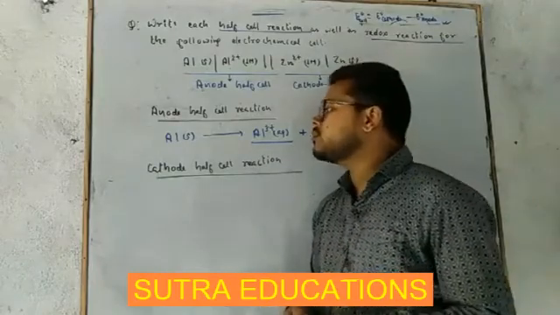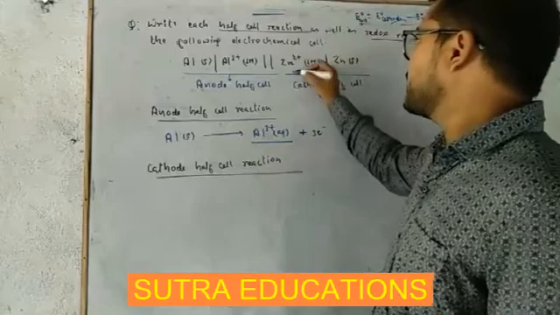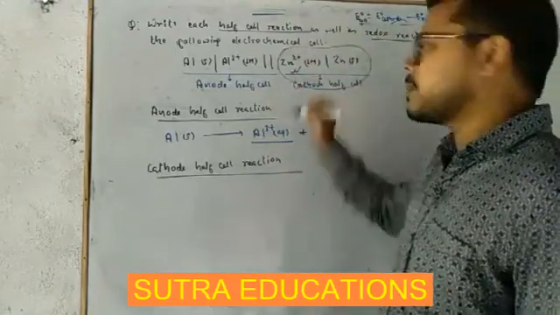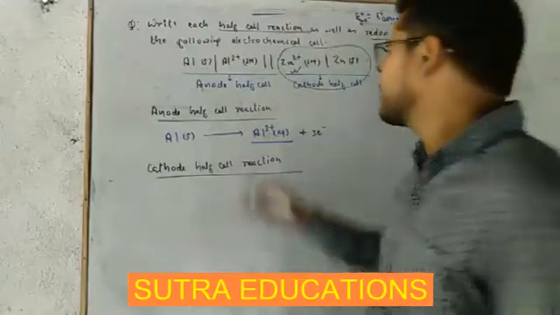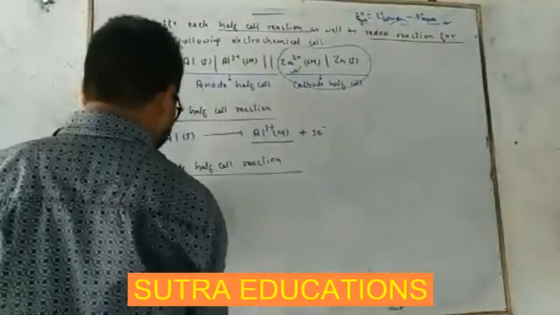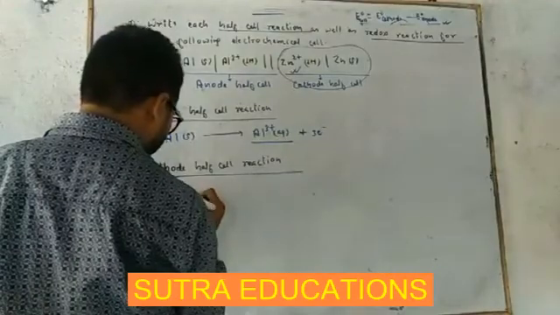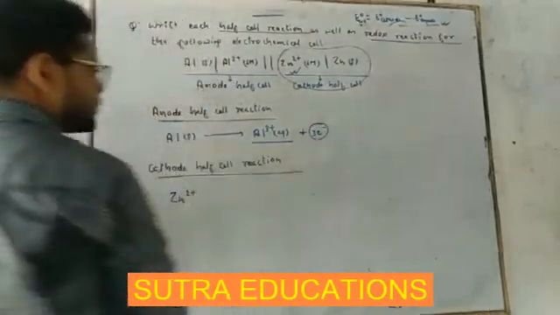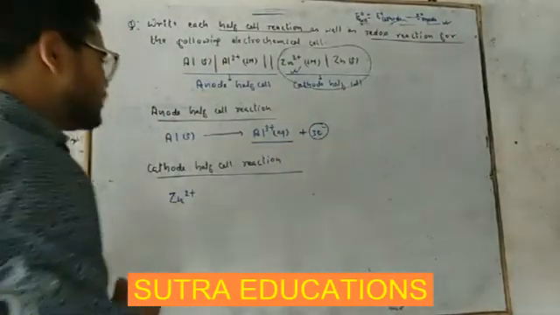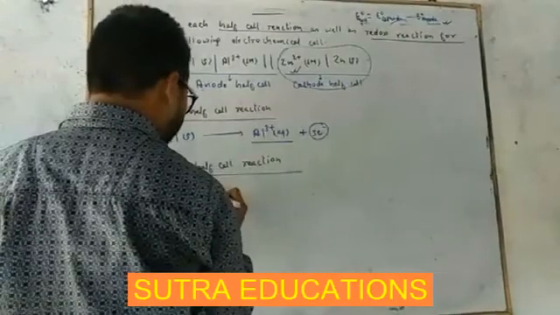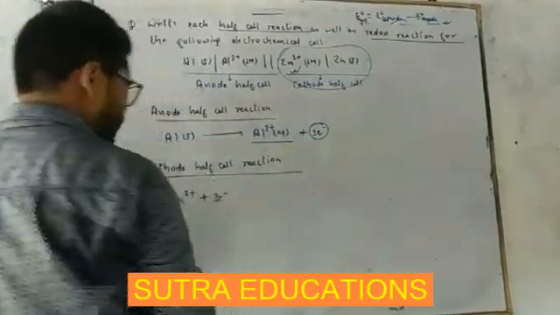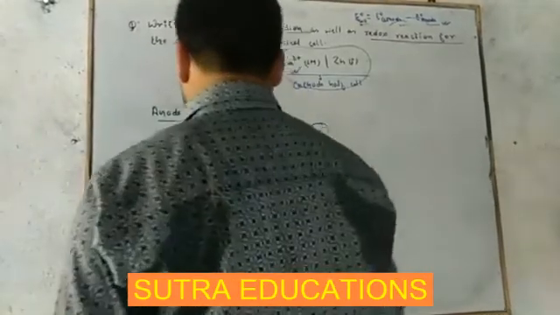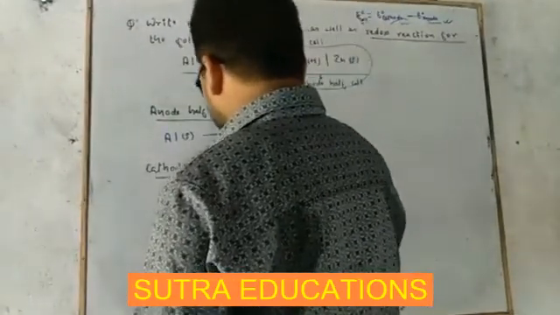So at the cathode, reduction of zinc is going to take place. Here it is Zn2+, and these electrons will be accepted by this zinc. Actually, write 2 electrons here. I will balance it when I write the redox reaction.